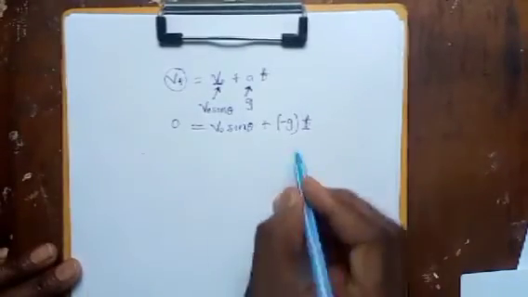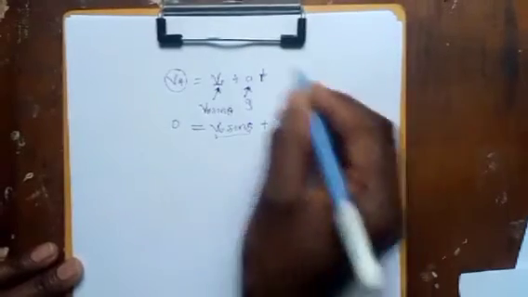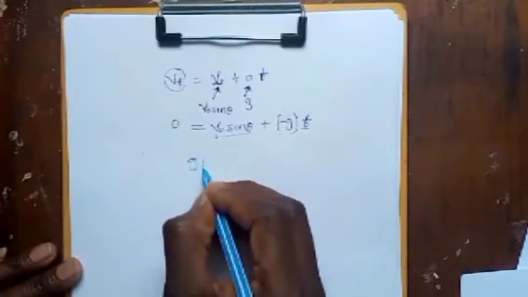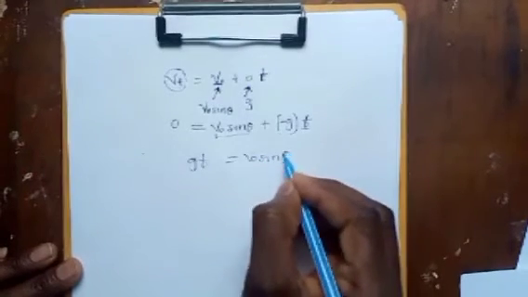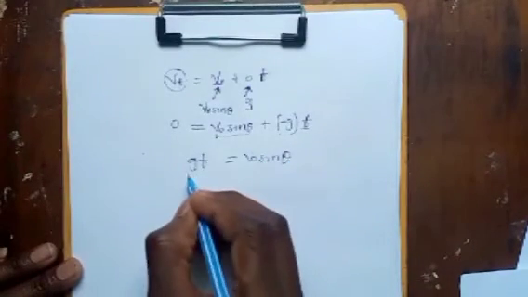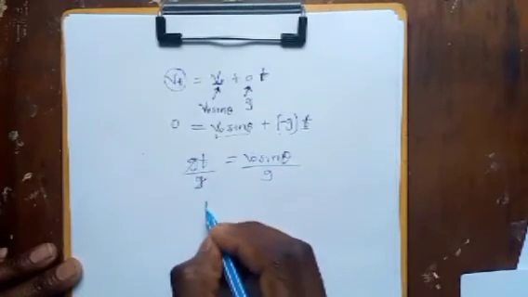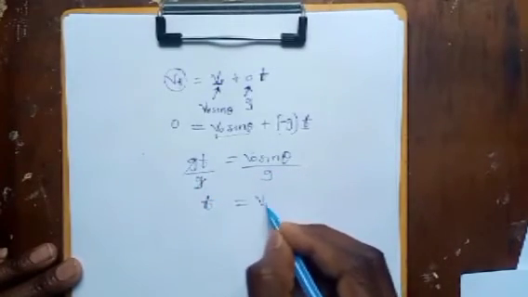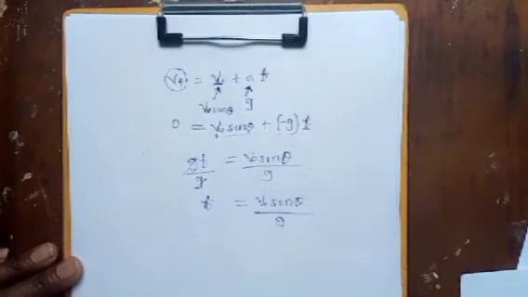So I'll continue. You can move this to the other side, or take this one to the other side. We're going to have t equal to v initial sine theta. To make t the subject of the formula, you divide throughout by what? By g. Meaning that t has to be equal to v initial sine theta over g.